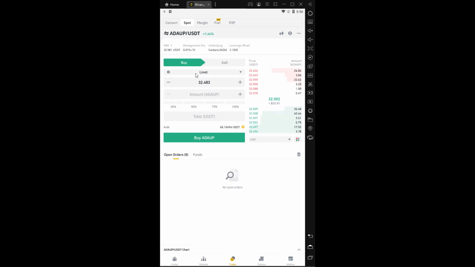That is when you go for a leverage token. So you buy ADA up, hoping the ADA market pumps so that you get ×2.